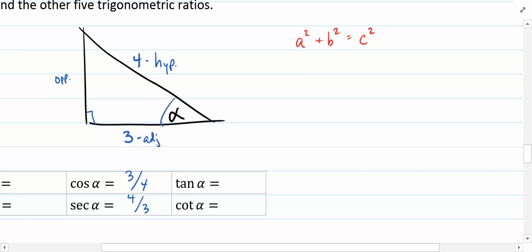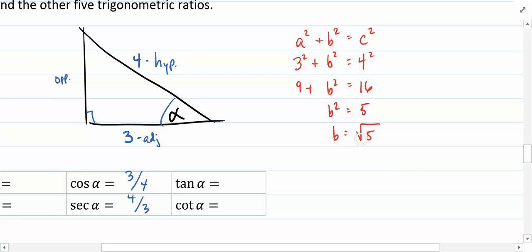So one side is 3 squared, the other leg is unknown, that's our b squared, and our hypotenuse c is 4 squared. So 9 plus b squared is equal to 16. B squared is equal to 5.